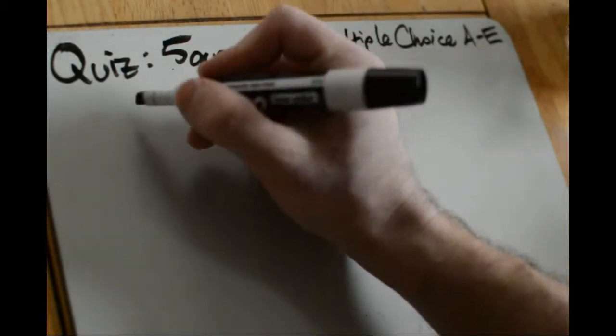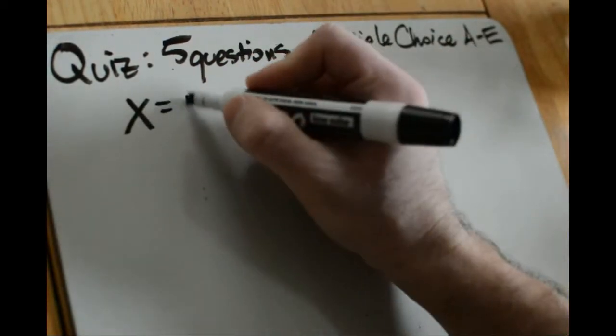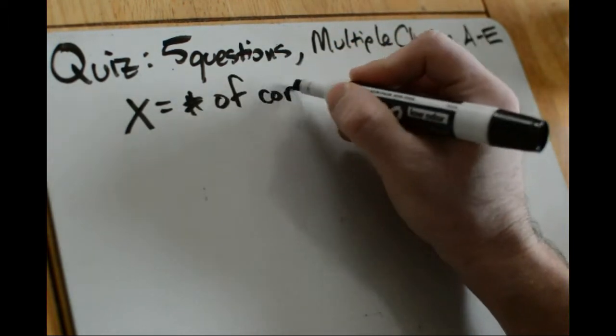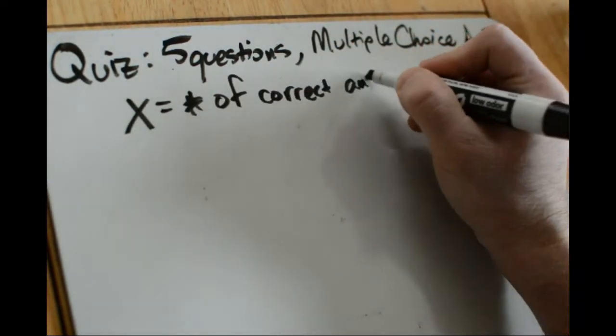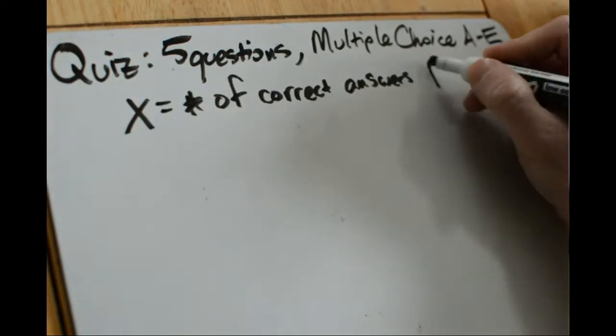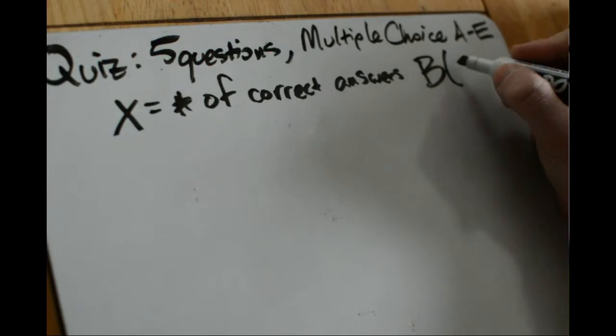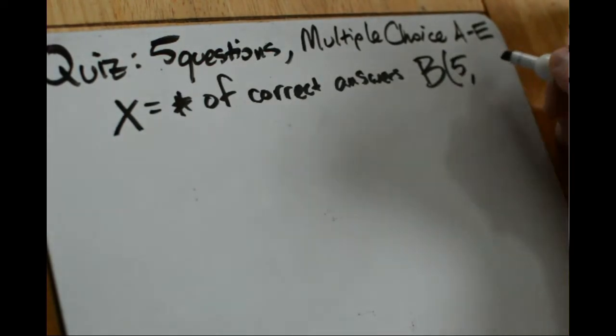So we have a random variable here, x, standing for the number of correct answers. And this is going to be a binomial distribution where n is 5 and the probability of success is 1/5 or 0.2.